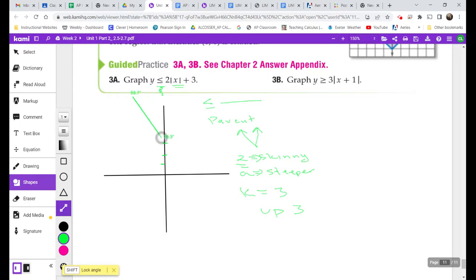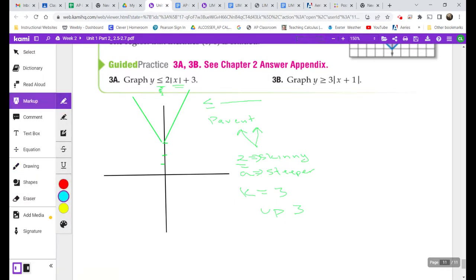So I'm going to go like this. That's one of them. And then I'm going to go like that. And that's the other one. Now my question is, where do we shade it? We look at this. It says less than. So we shade less than the absolute value bar. Okay? All right, guys, that's how we graph those things.